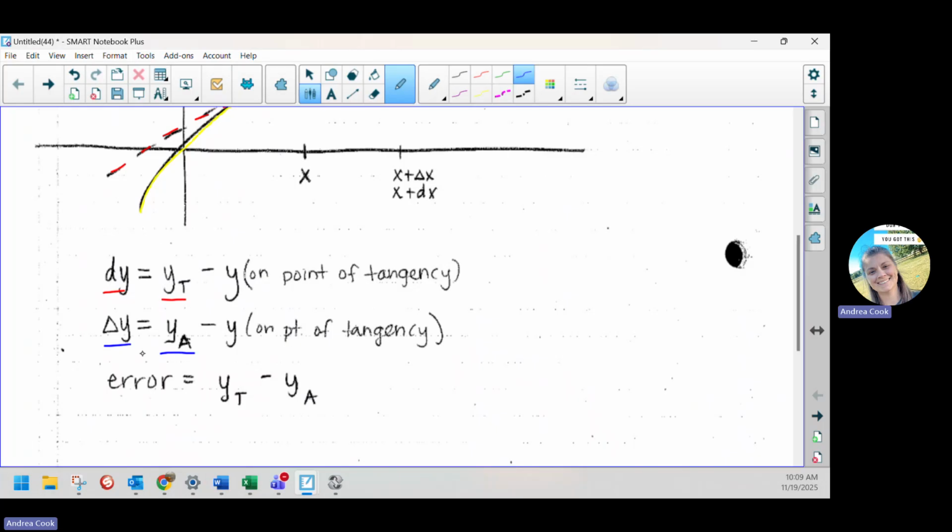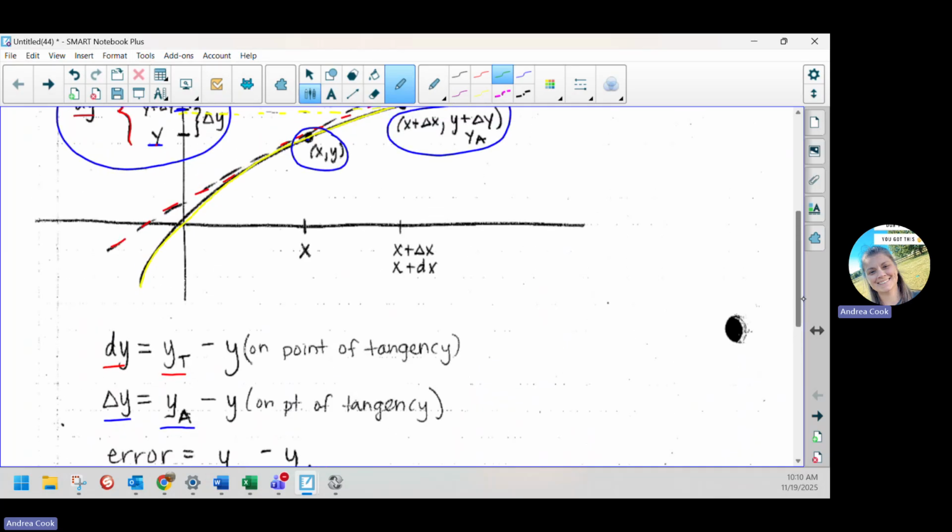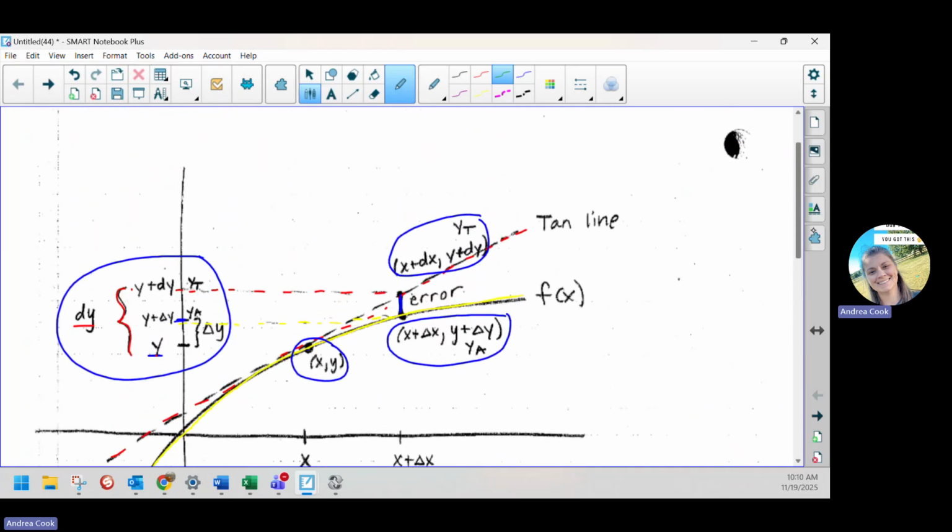So that y with the subscript a means, on the actual function, what is the y value? And then your error is subtracting those two y values. So your y value of your tangent line minus the actual y value of the function. Again, this picture can be found on Canvas.